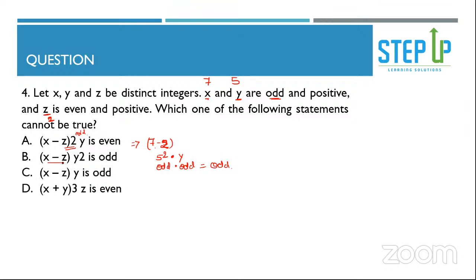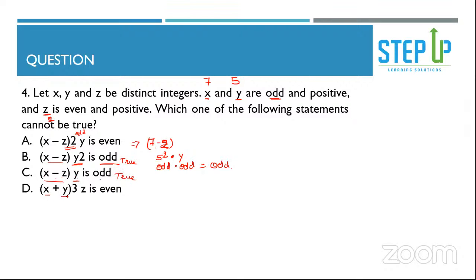Now the second one, x minus z into y square is odd. Yes, this is true. X minus z into y: we know x minus z is 5, that we have considered 7 minus 2 as 5. 5 into an odd number, so odd into odd is odd. This is also true.